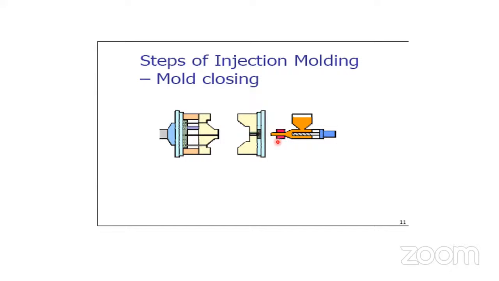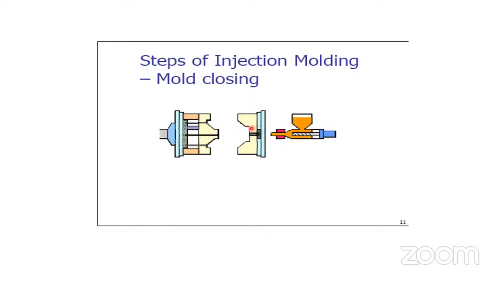Always remember this thing: the cavity is fixed on the fixed platen, and the core is always on the movable platen. This is the movable platen.